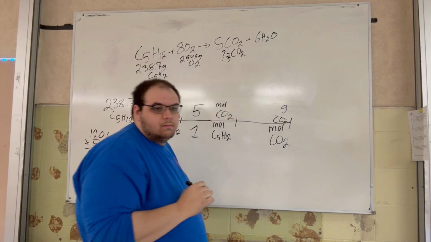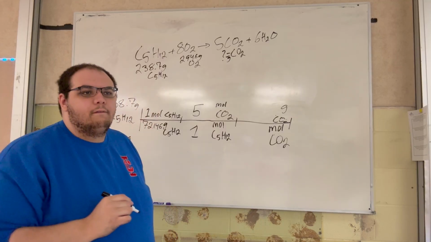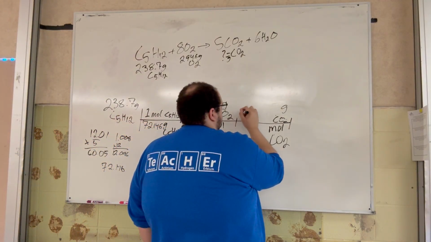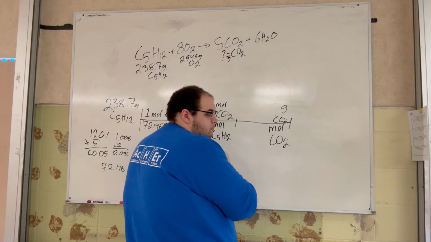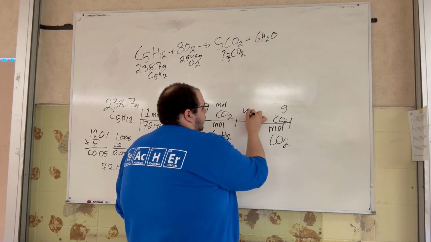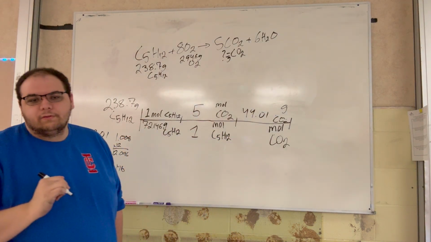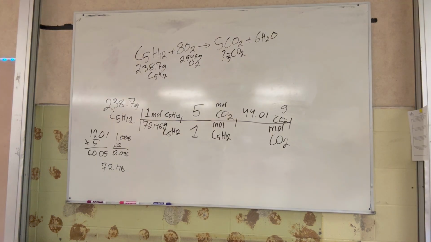Yes, it is grams. 12 plus 36, we're at 48.01. Or no, 36 plus... nope, 32 plus 12 is 44.01. Is that what everybody got for their molar mass for CO2? Sorry, mental math was not mathing. 44.01. Type it down in your calculator. Tell me what you get.